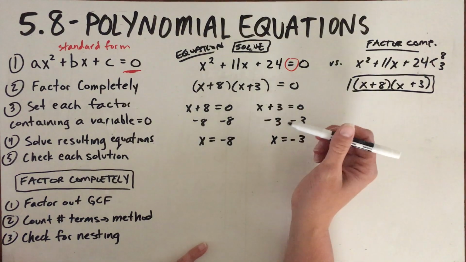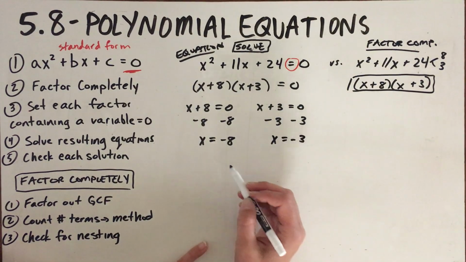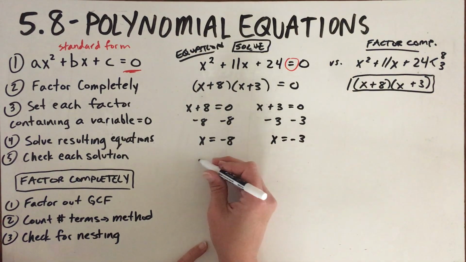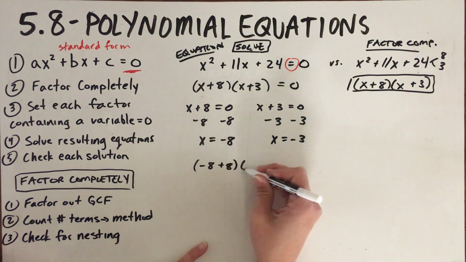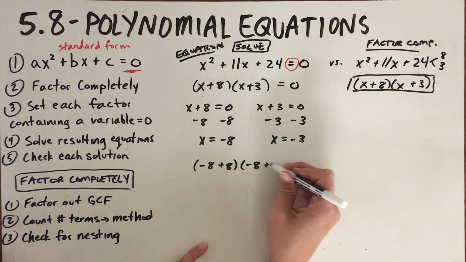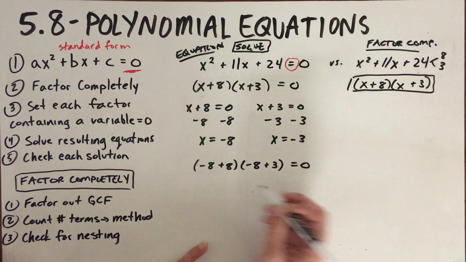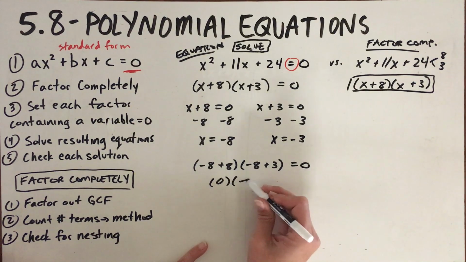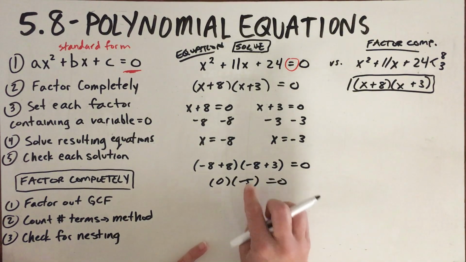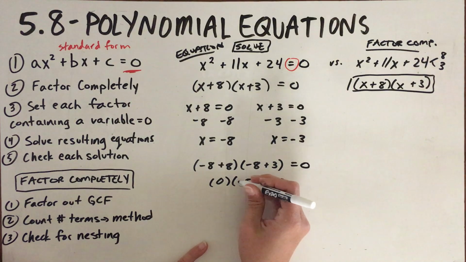Now let's see if we can make sense of this. If I substituted x equal to negative 8 into these factors, negative 8 plus 8 is 0, and 0 times a negative 5 is 0. So we can see that this zero property rule works.